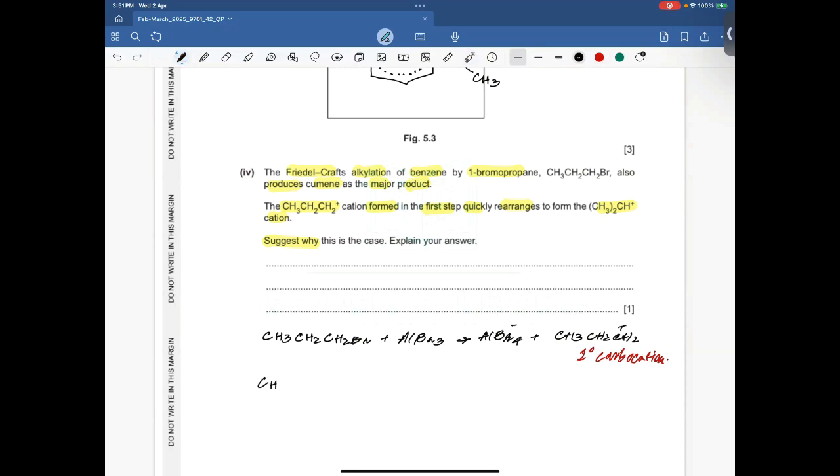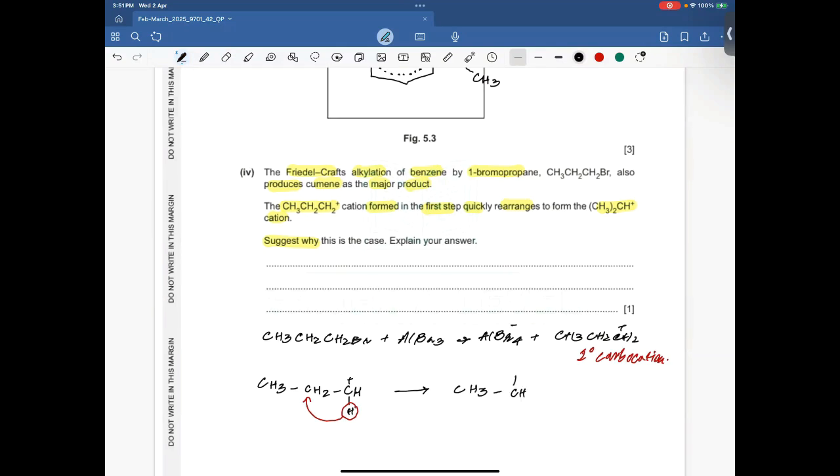Why? Because ये हाइड्रोजन यहां जाएगा और फिर ये CH3 में कन्वर्ट होगा और ये CH3 में कन्वर्ट होकर CH से अटैच हो जाएगा.